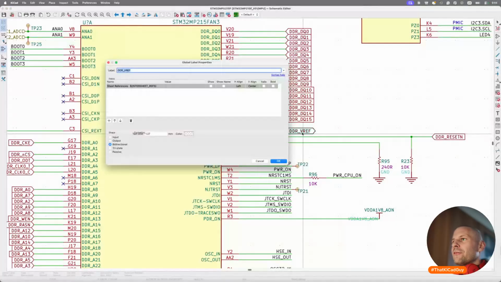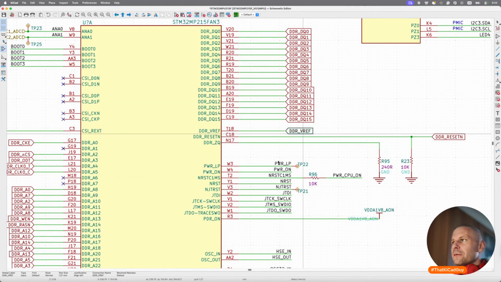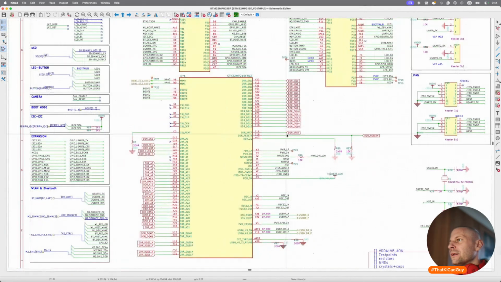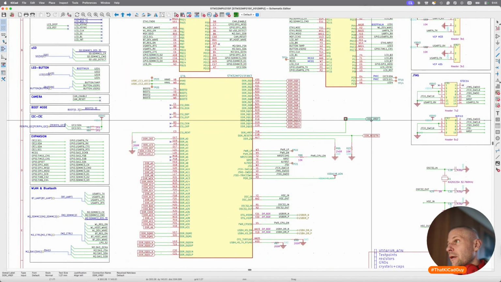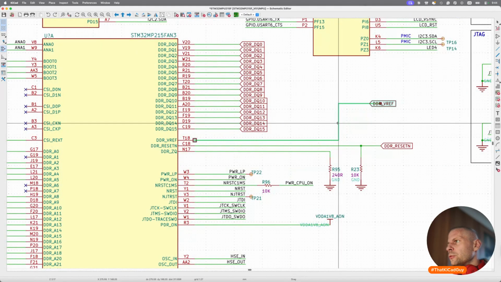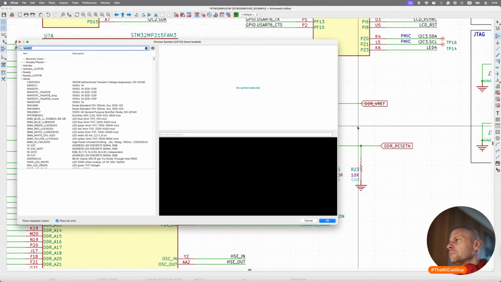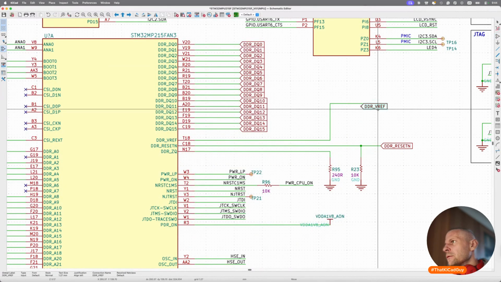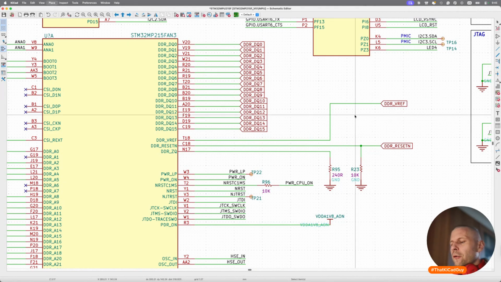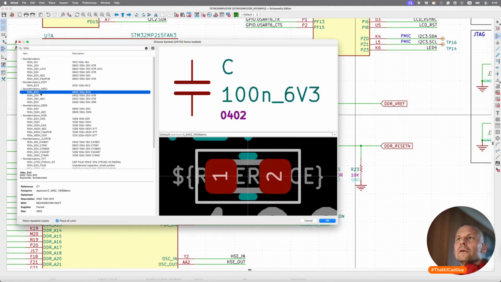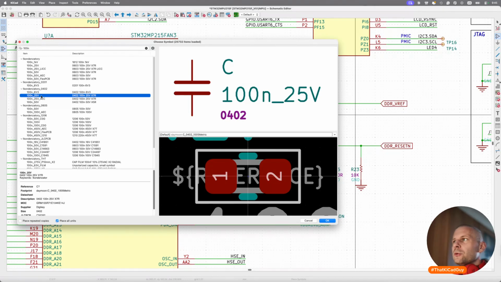So we have new knowledge. This is an input. More specifically, it's a power input where a good decoupling cap must be used.